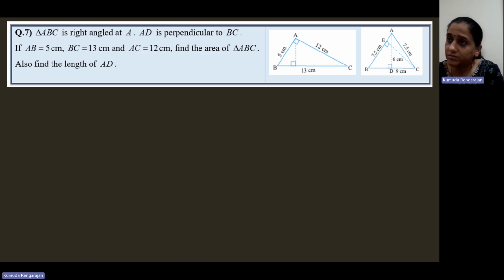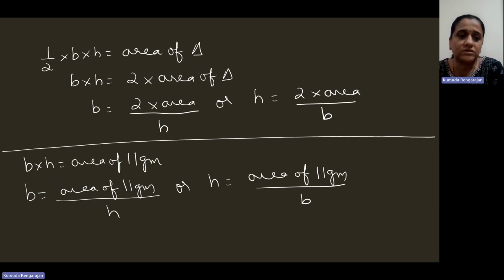Same parallelogram, same formula. No, two area. If it is a triangle, then it will be two. Base is equal to twice area by height. See here.